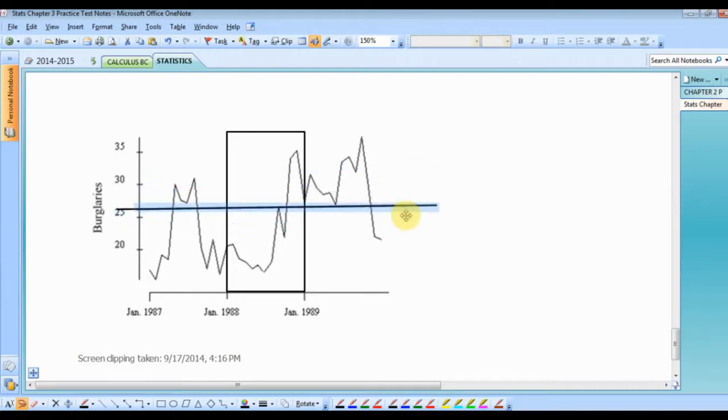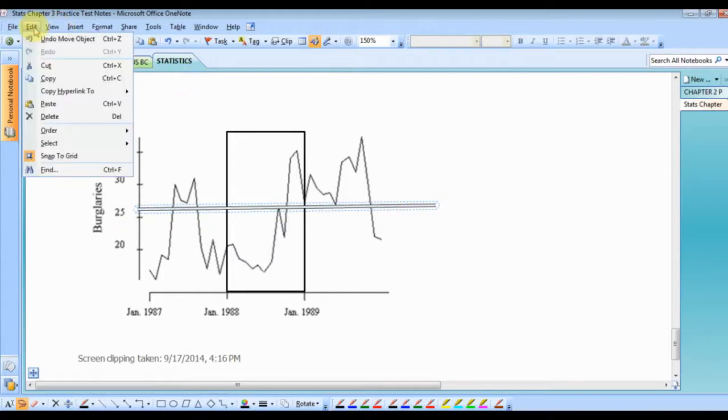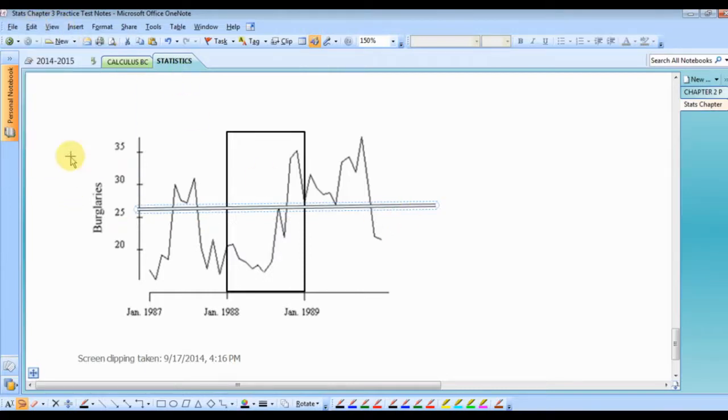Much better. If 25 was truly the median, then about half of the year should be above the line and half the year should be below the line. Does that look true?